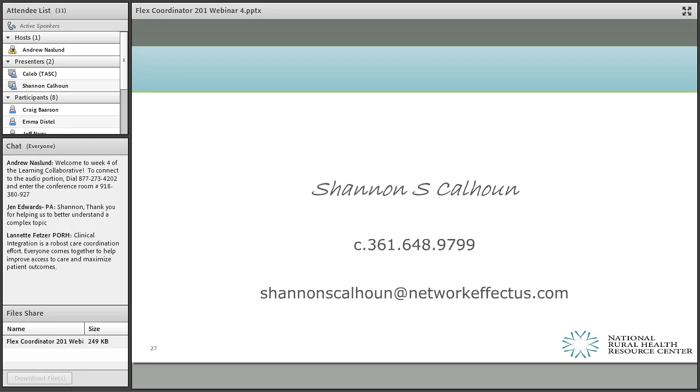My reason for adding this to transformation around alternative payment models is this vehicle of clinically integrated networks, which is a hot buzz and a lot more highly recognized than it was 20 years ago, and is a very valuable opportunity. Lynette says clinical integration is a robust care coordination effort.